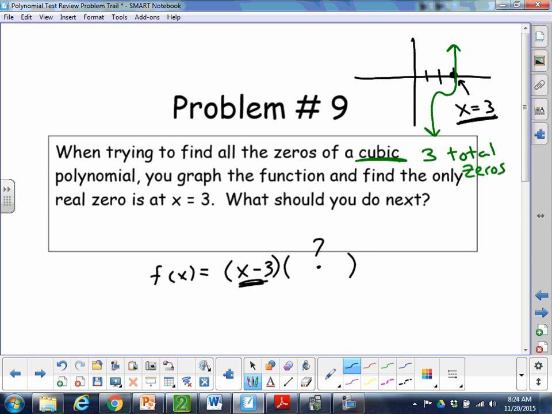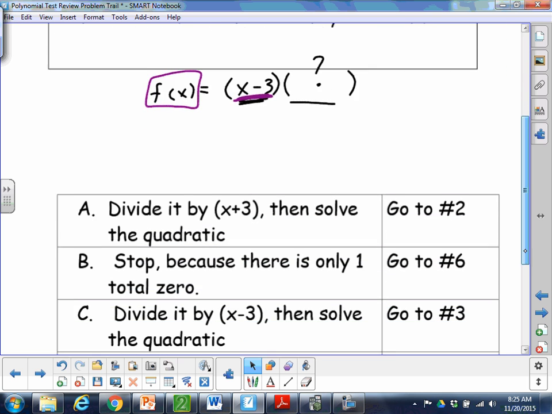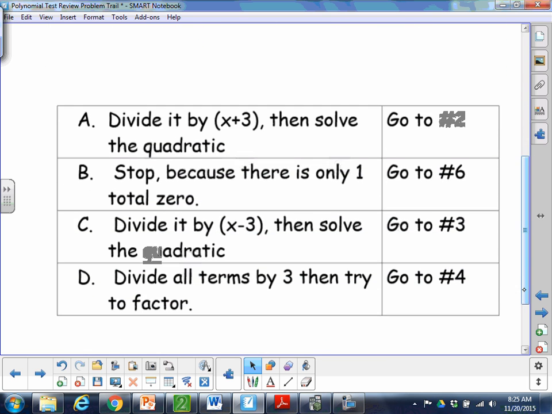So when you know a 0, you actually know a factor as well. And now to find the other factor, what we would have to do is take the original f of x, the original cubic function, and we would have to divide it by x minus 3. And then we would end up with the quadratic that we could then solve. So for this one, we should actually be dividing by x minus 3 and then solve the quadratic.